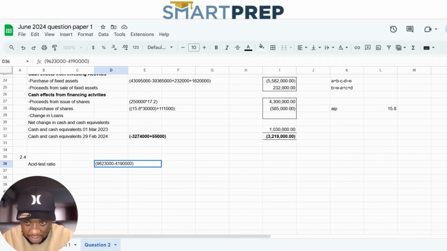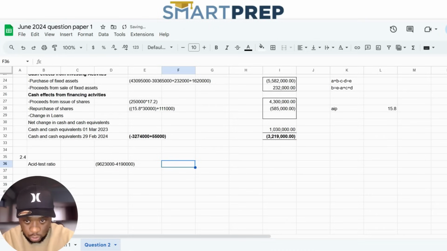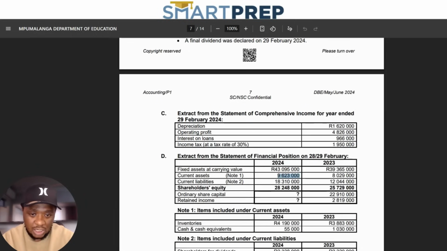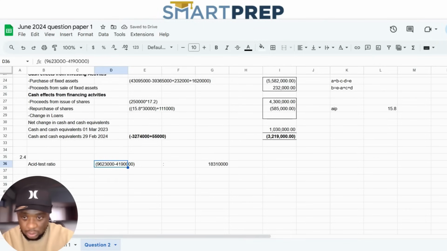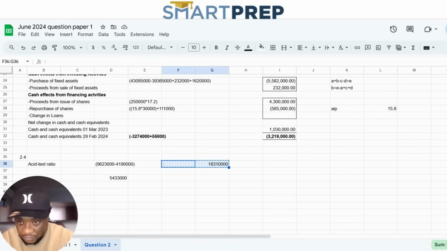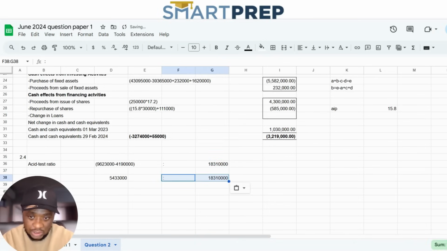Right, and then we're going to say asset test ratio, and that will be to our current liabilities. Our current liabilities, what do they work out to? You can see there that it's 18,310,000. So that then basically works out to 5,433,000 is to that.